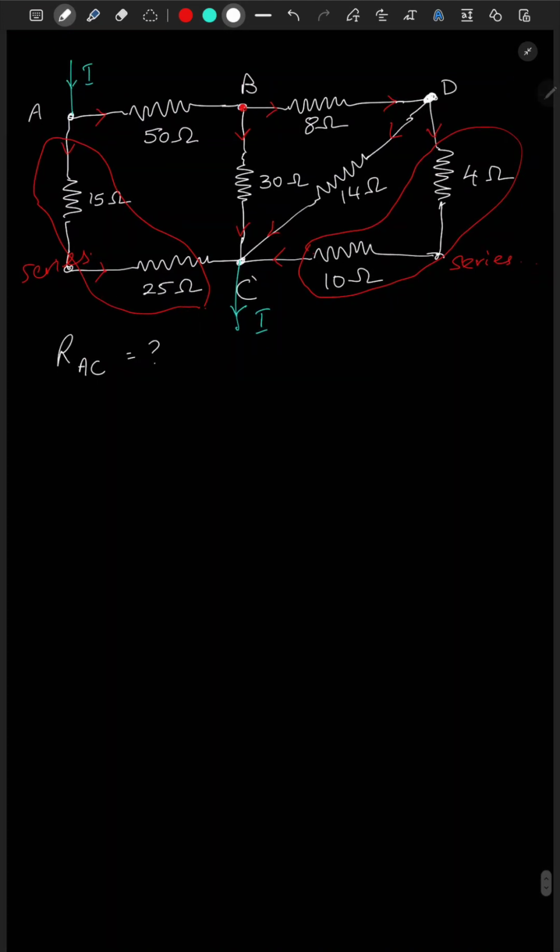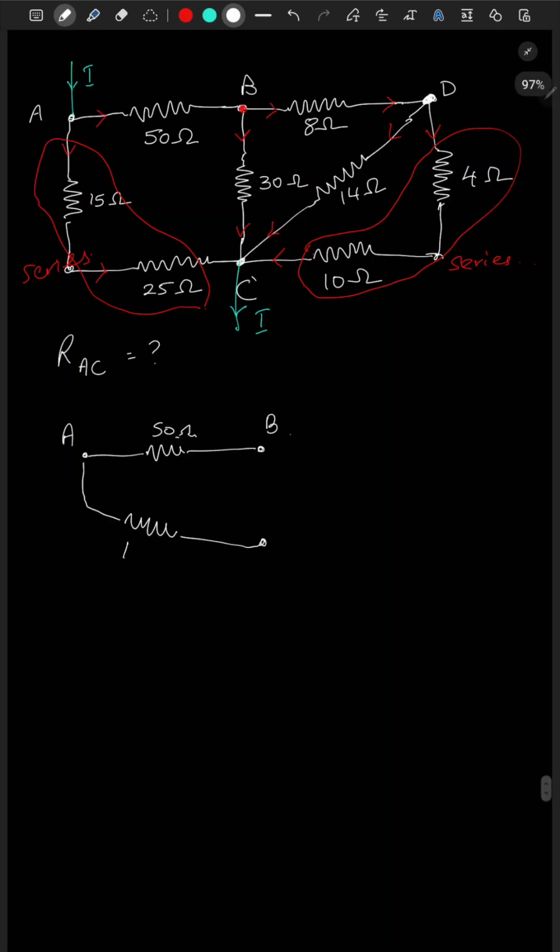Again, here we have node A, 50 ohm resistance, and this is B, and now this has been reduced. So from A to C we have 25 plus 15, which is 40 ohm resistance.